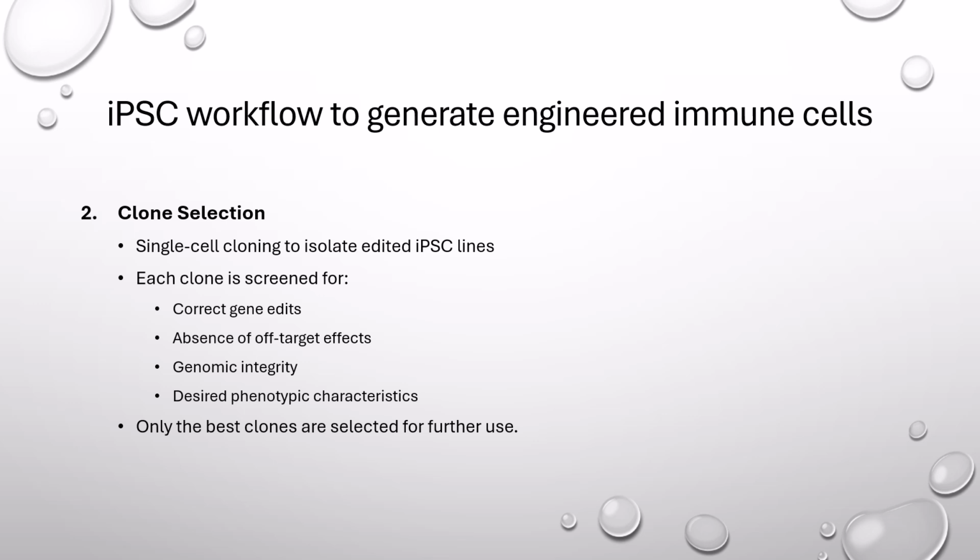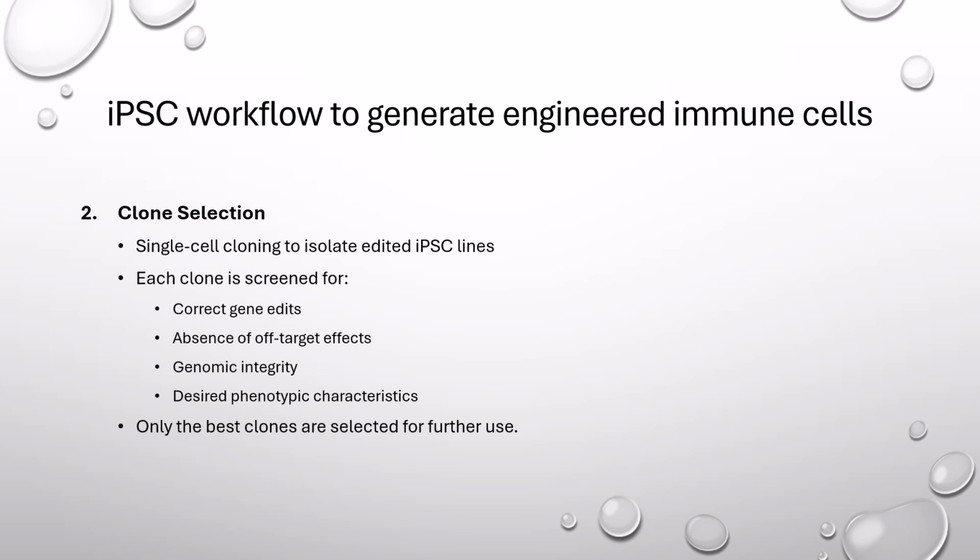So you want to isolate the clone and screen it to ensure that it's got the correct gene edits, that you haven't got any off-target effects, that the genomic integrity is intact, and that you're going to get, as much as possible, your desired phenotypic characteristics.